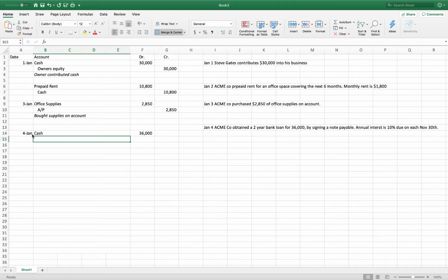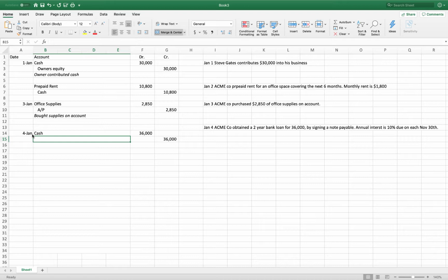What am I going to credit? Well, I know the credit amount has to be $36,000, right? Has to be, because debits and credits always have to equal. So what then am I going to credit? Well, I'm going to credit a liability, right? Because I know my liability account gets hit.